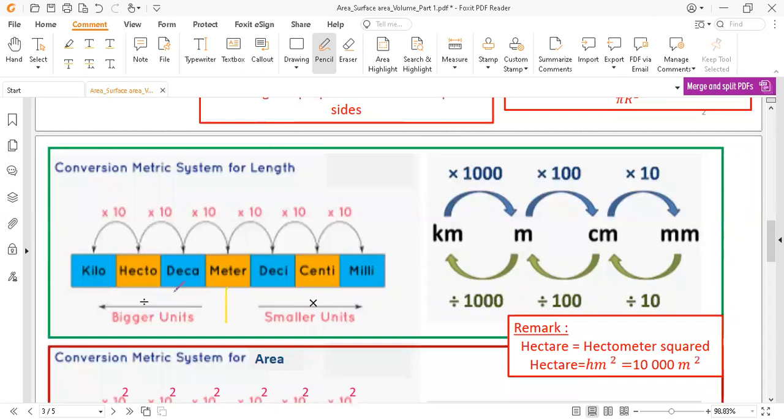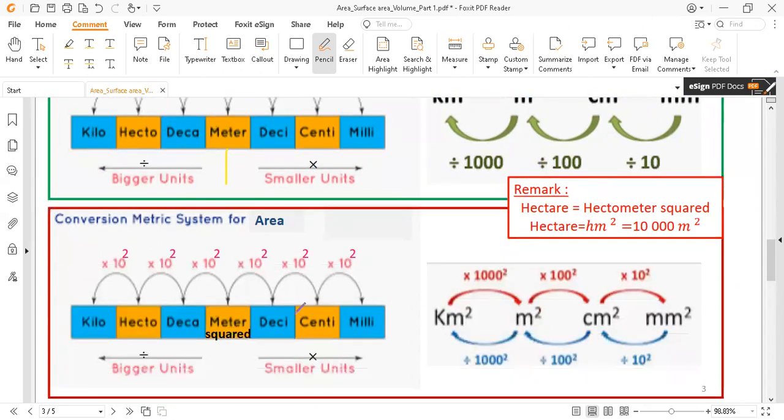We can go for bigger units like decameter, hectometer, and kilometer, dividing by 10 when moving to the next unit, moving to the left.